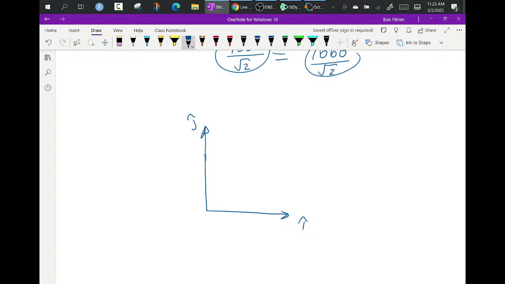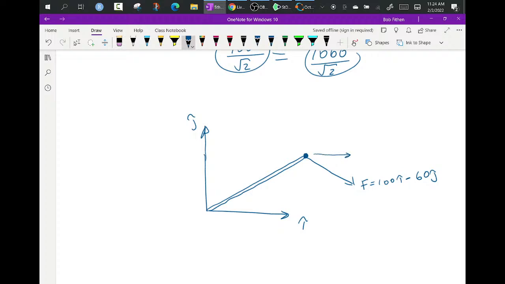So let's do it like this. I and J. We'll try to draw it somewhat that way. Here is some structure that exists out here, and it's being pulled over to the side with a force that I'm just going to make up: 100 pounds in the I and minus maybe 60 pounds in the J. So this distance is about 100 and that distance is about 60.